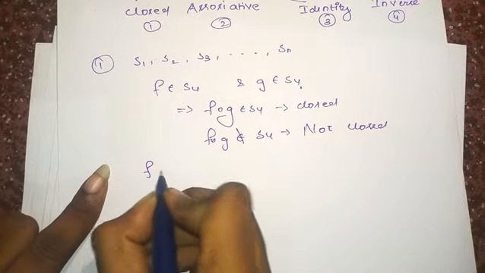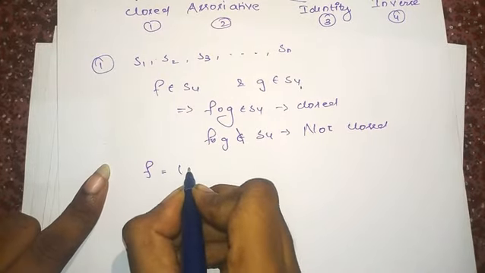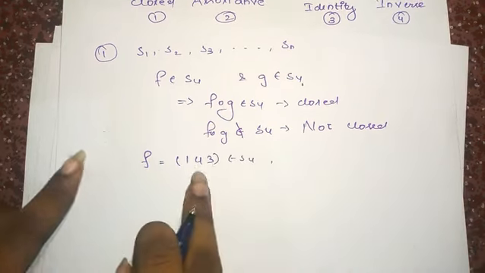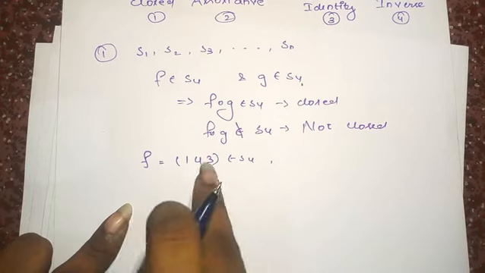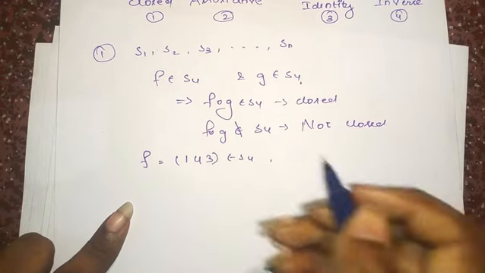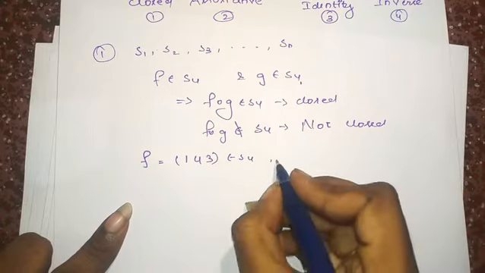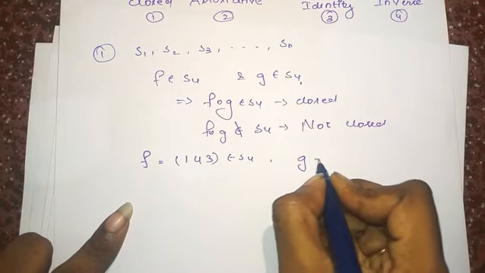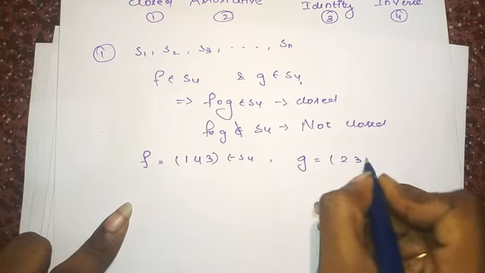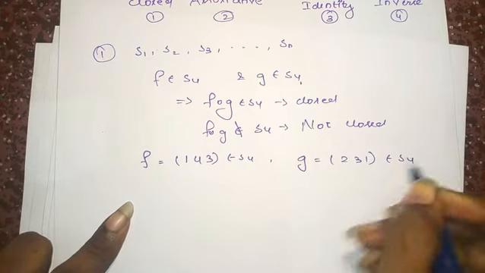I'll take a small permutation F to be (1, 4, 3), which is in S4, because the maximum number here is 4, so it belongs to S4. I'll take one more permutation G to be (2, 3, 1), which is again in S4.